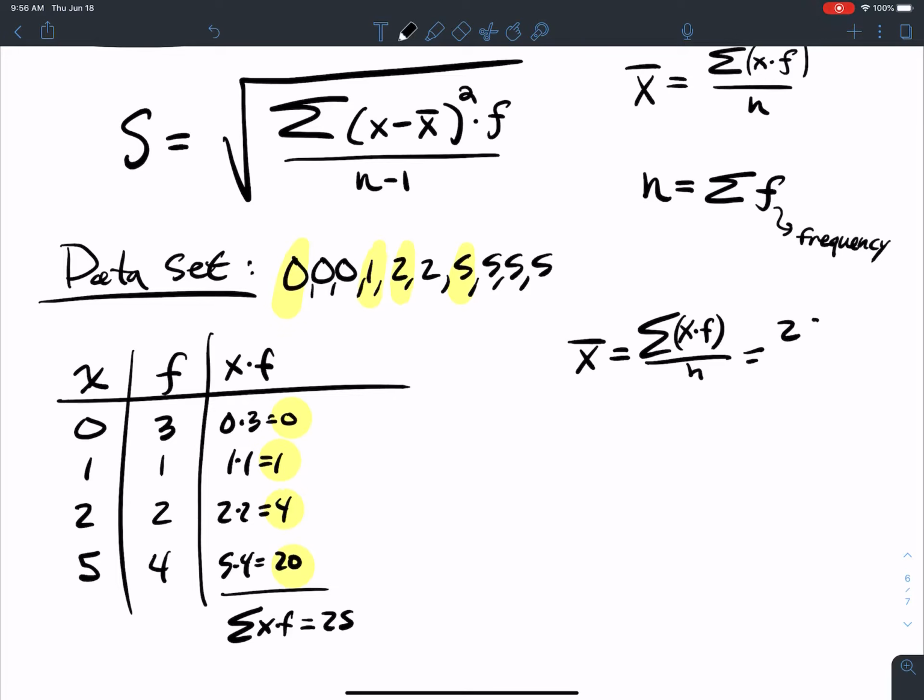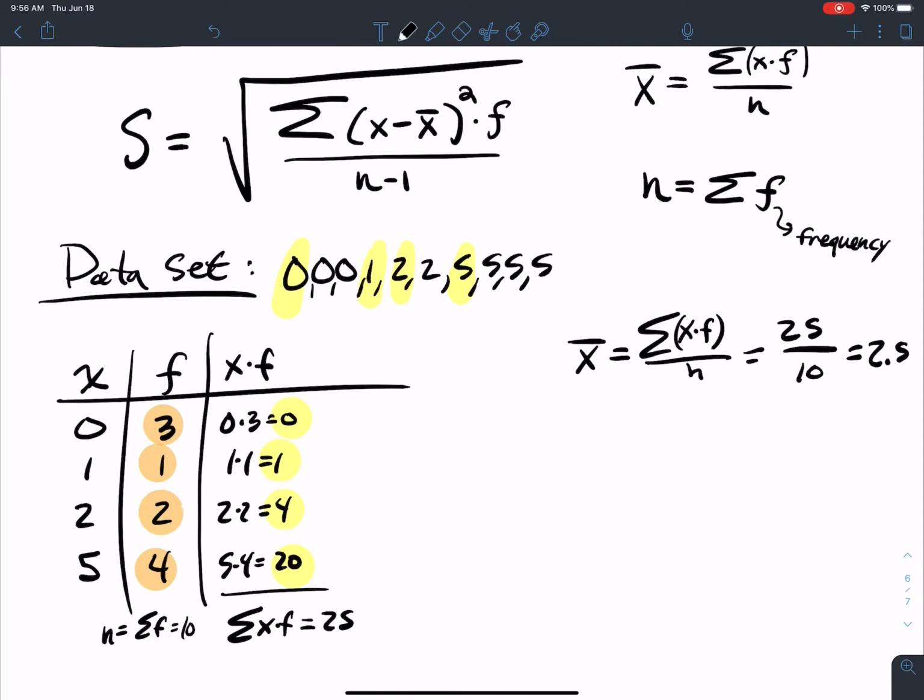So that's 25 over n, which is the sum of f. If I sum up 3 plus 1 plus 2 plus 4, I'm going to get 10. And if I divide, I get 2.5 for x bar.